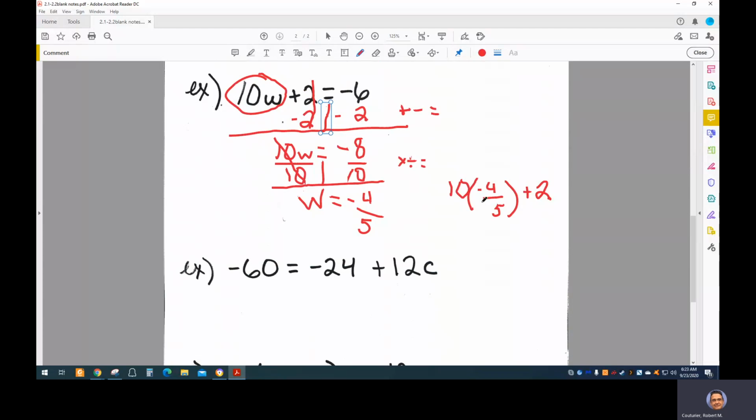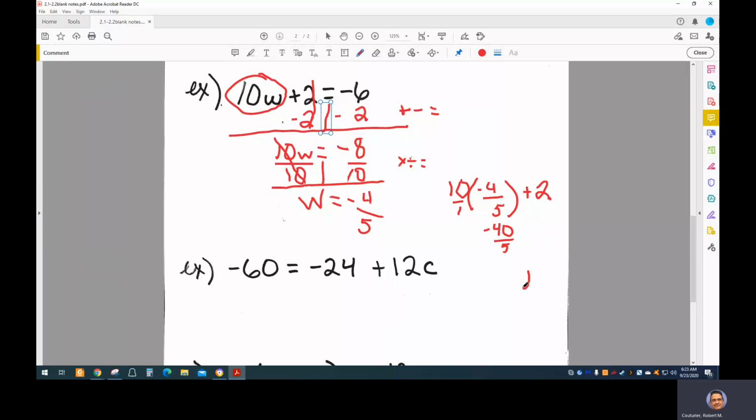So now we have to go through here and multiply. So 10 times a negative 4 gives me a negative 40. And 1 times 5 is 5.